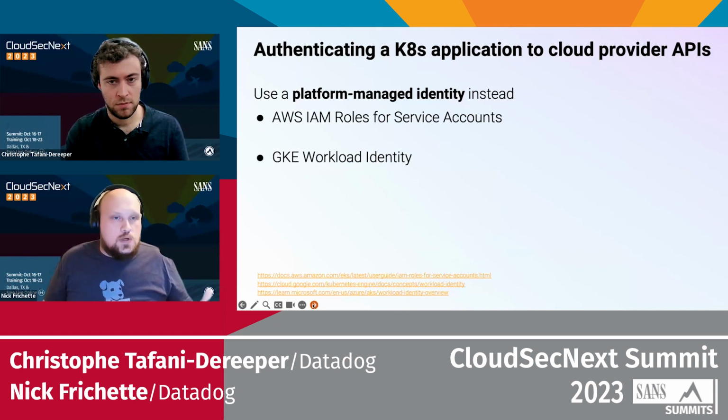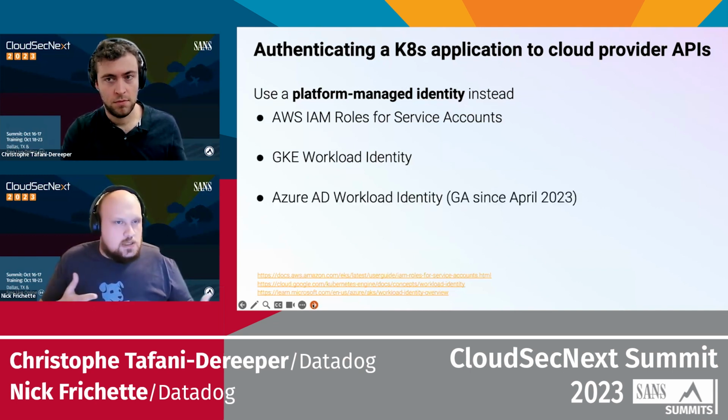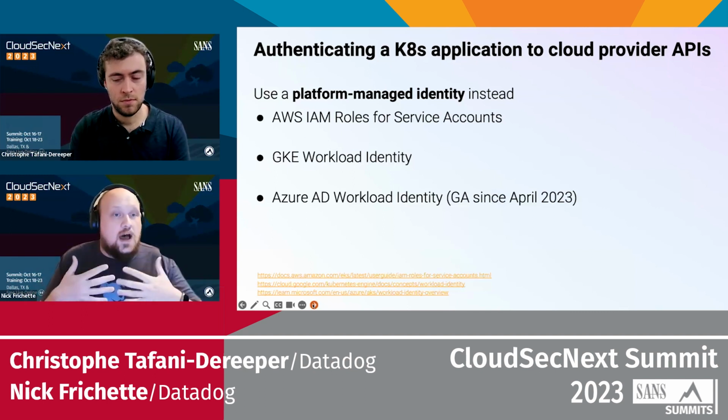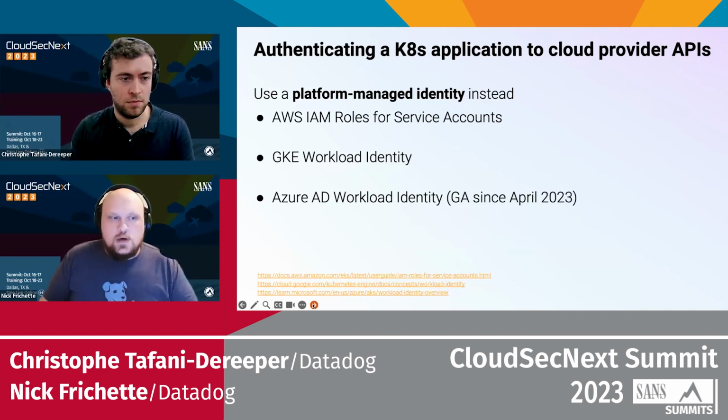In GCP, you would use a GKE workload identity. And in Azure, you would be using the somewhat recently released Azure AD workload identity. And again, these are the proper ways to provide cloud access to a particular application. And you might be a little concerned, well, hey, if this is the right way to do it, is there still an opportunity for me as a pen tester or red teamer to take advantage of it?